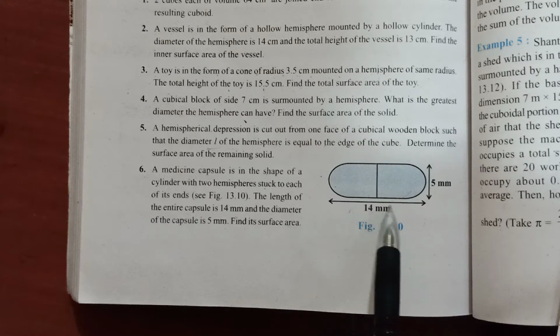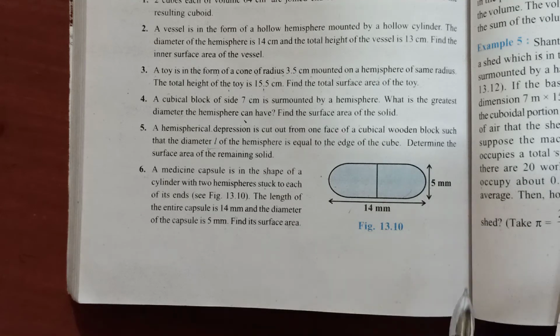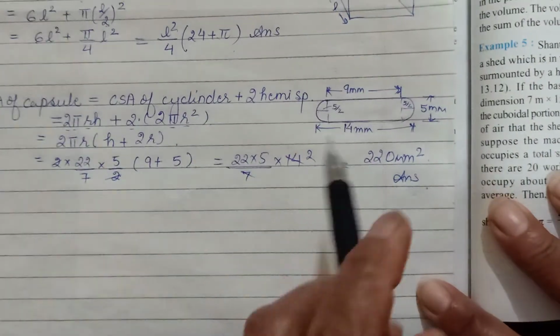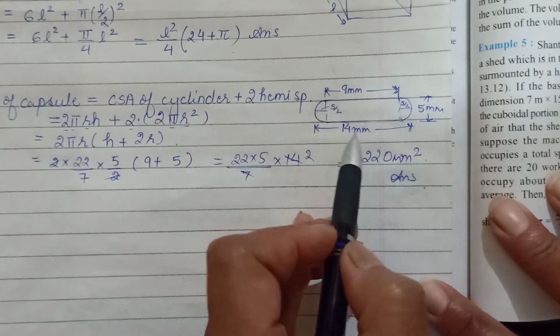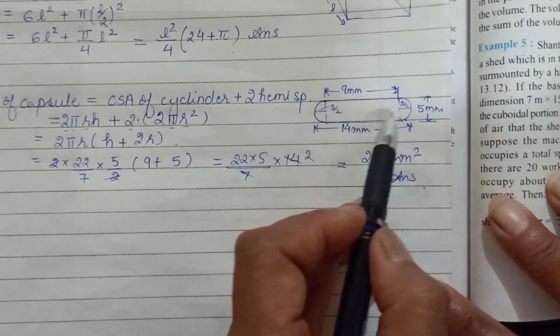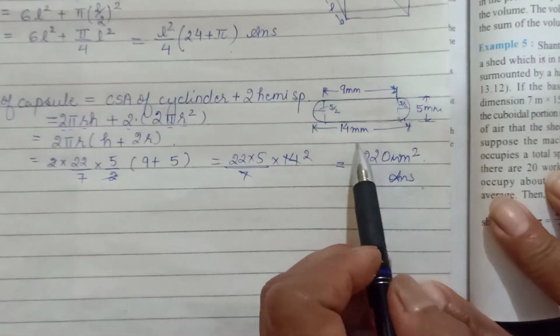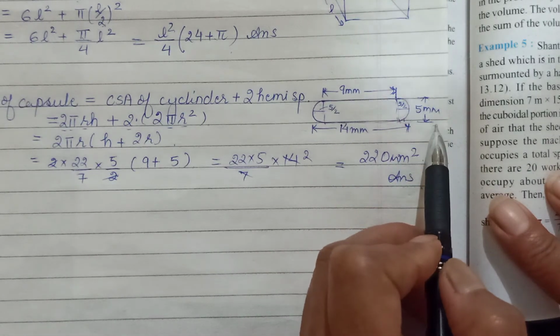Its entire length is given as 14 and its width, the diameter, is 5 millimeter. Then you have to find the surface area of this. As I've shown in this figure, the in-between portion is cylindrical and at its two ends there are hemispheres, one hemisphere at this end of the cylinder, one at this end. So your capsule is 14 millimeter long and the diameter was 5 millimeter.